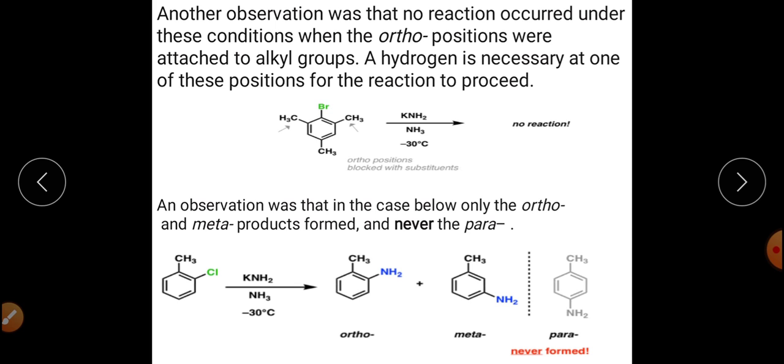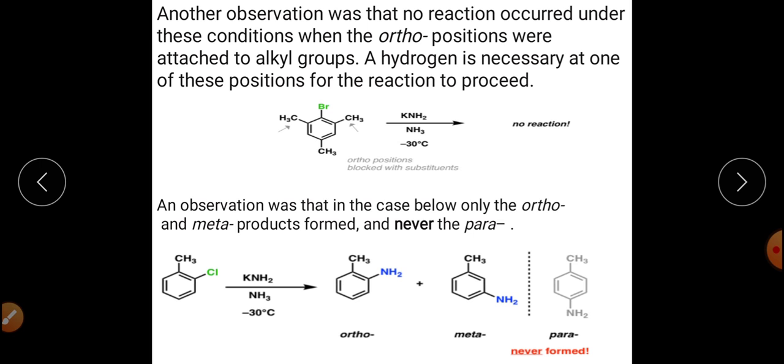Now we come to the second evidence about the mechanism, that this mechanism is the benzyne one. See, this is the substrate in which this is your bromine, this is your leaving group, and these three are the substituents attached to this particular substrate.